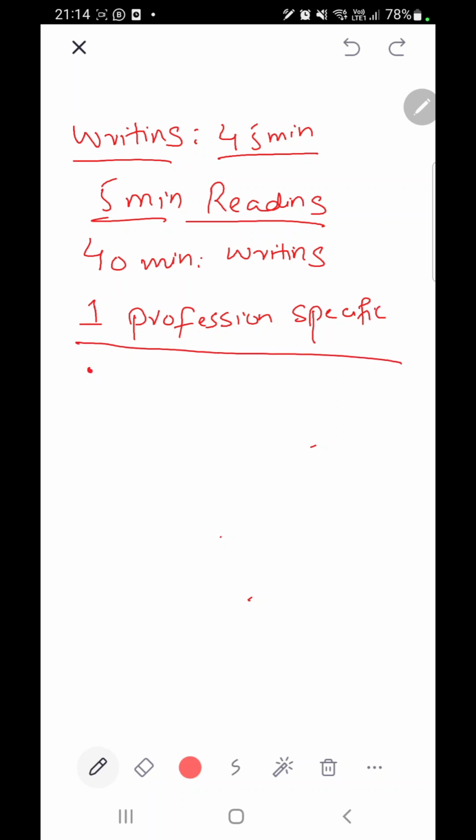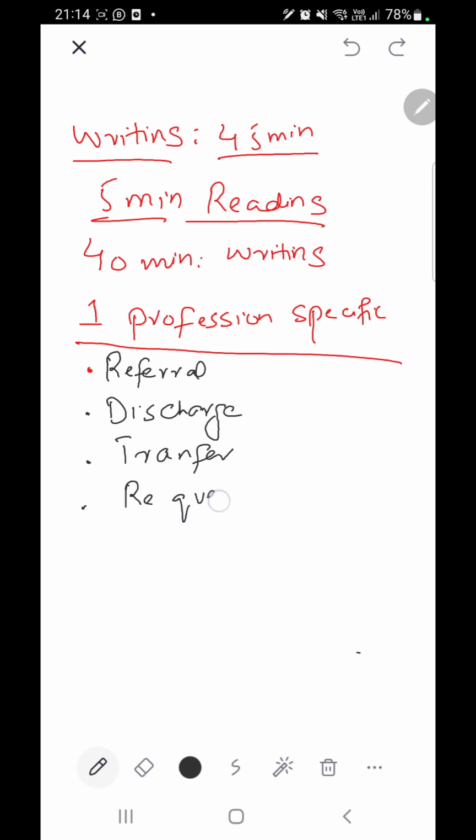So these are different types of letter one can expect: referral, discharge, transfer, request, information, and education.